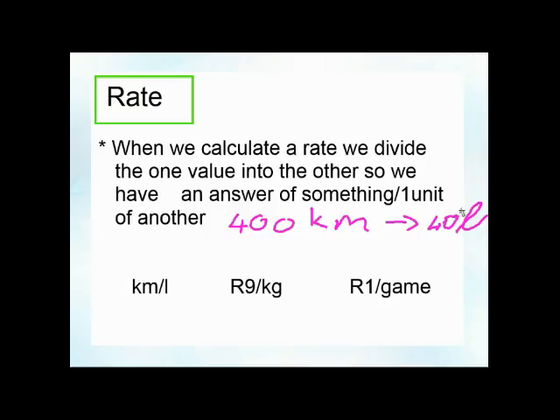How many kilometers per liter does the car use? So we would say, okay, 400 divided by 40 would give us 10 kilometers per liter. So then we have, okay, for every 1 liter, 1 unit, we could have driven 10 kilometers with that 1 liter.